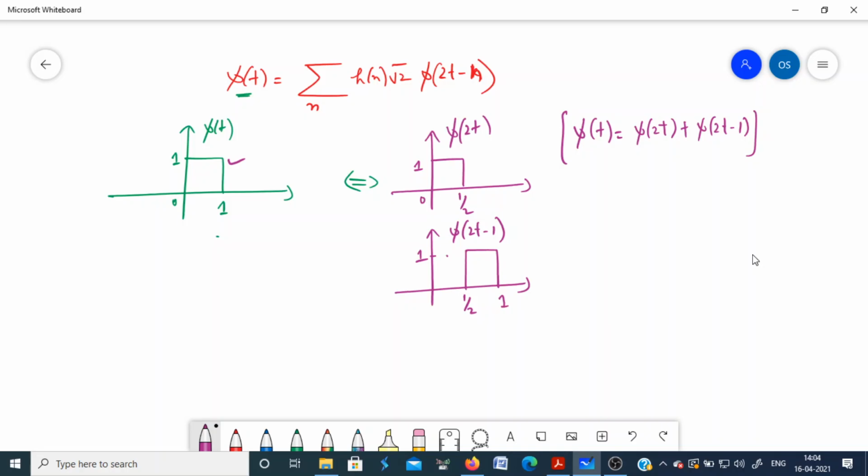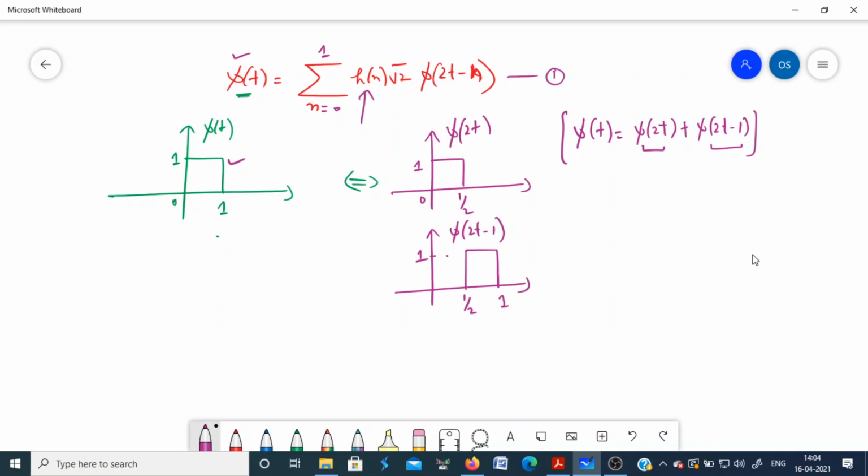It means if you solve this equation, your n in this case will go only from 0 to 1. For some functions you may have n from 0 to 2, or it may also be required that n varies from 0 to 3 and so on. But for the Haar scaling function, you have only two scaling functions, phi 2t and phi 2t minus 1, and they can be used to express phi t.